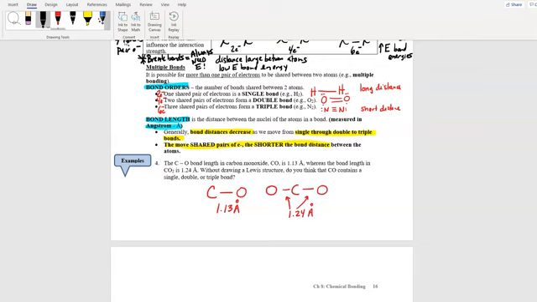Without drawing a Lewis structure, which this is not, just a basic sketch, do you think the CO contains a single, double, or triple bond?